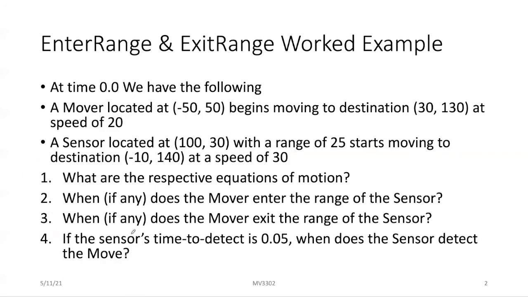Okay, but now I want to do a worked example, so you have something to see where both the sensor and the target are moving. And again, we're going to talk about time zero, because every time you have an event, it's because we're calculating the delays, it might as well be at time zero.